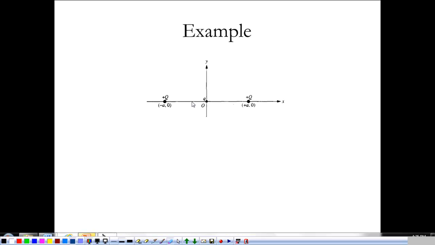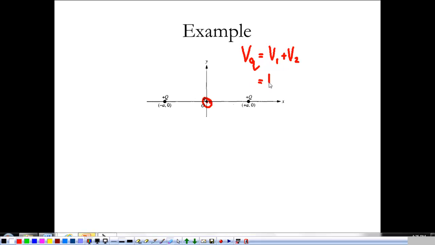This is an example that we saw in class yesterday. We did this example to find the electric field at this point. Well, we can also find the electric potential at this point. So the electric potential at Q is going to be the potential from charge 1 plus potential from charge 2.